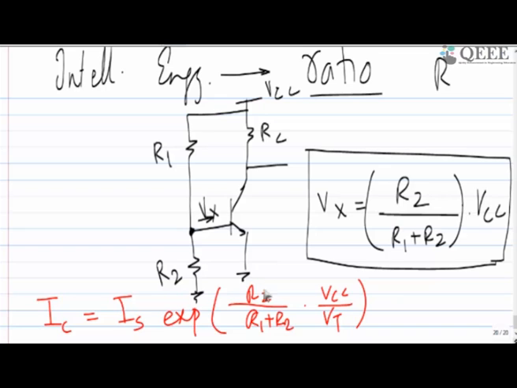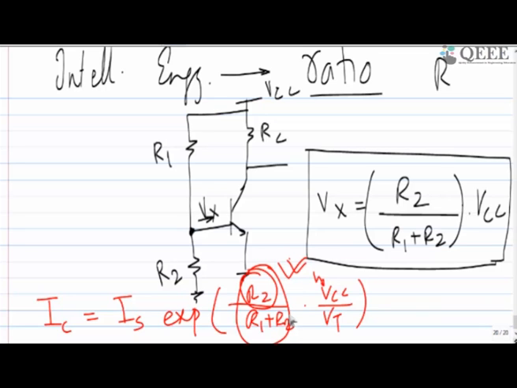So here I can see that R2 may be dependent on temperature, but R1 is also dependent on temperature, and both will have the same gradient of temperature. So the ratio will be the same, even if it goes to Finland or if it goes to India, it doesn't matter, right? This ratio will work. Excellent. This VCC by VT is also fine, no problem. And we agree that we are not looking into the voltage dependency right now, that VT is KT by Q, so it's also quite a fair number. And the impact is smaller.